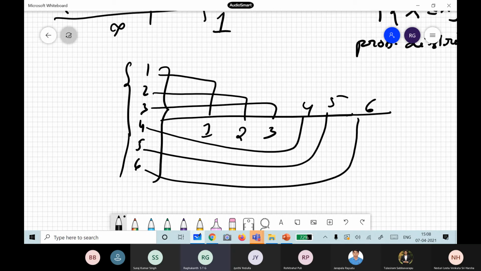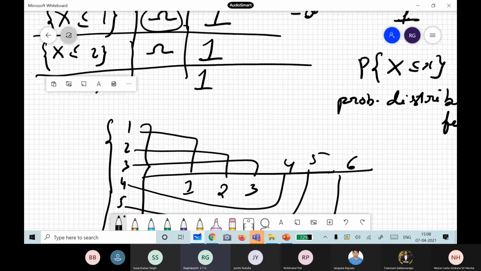Now once you have transformed to real line, what is the sample space for a die throwing problem? Minus infinity to plus infinity. Compressive strength of concrete is already a positive quantity, but what is its sample space? Minus infinity to plus infinity. Everything becomes minus infinity to plus infinity.